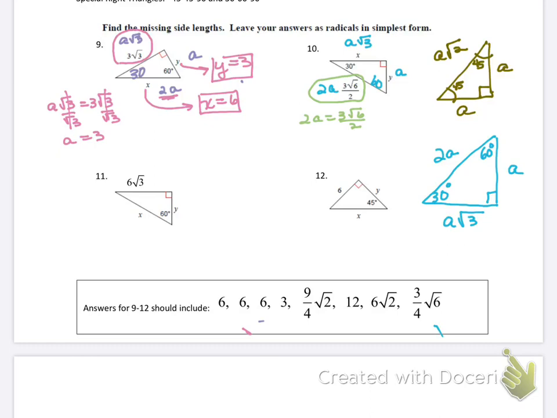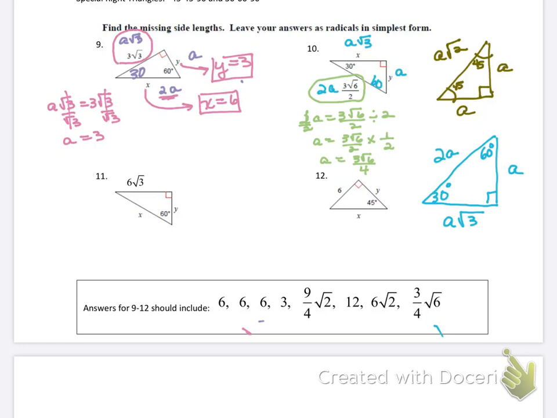My goal is always to find the A. Divide both sides by 2. Look what I'm going to do. I'm going to write divided by 2. Because we don't really divide fractions, you multiply by the reciprocal. So to get that division, I'm going to take what I originally had, change this operation to multiplication, and change that 2 into its 1/2, which is its reciprocal. Okay, so do your multiplication, multiply straight across, and I am getting A equals 3 root 6 over 4.